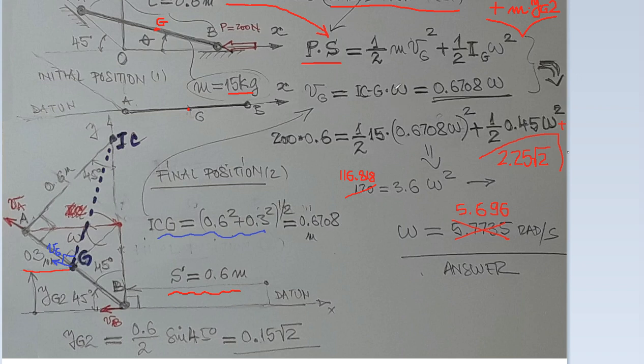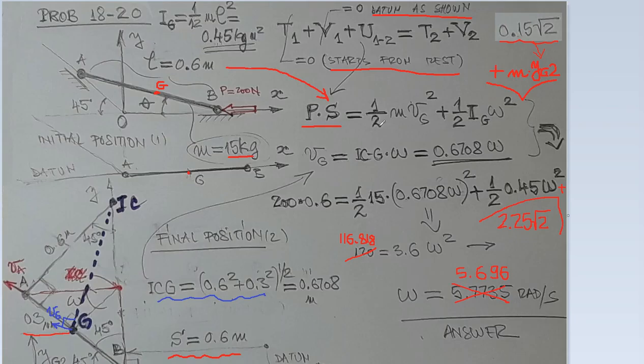Okay, so again, in the energy equation, the velocity of the center of mass is the distance from the instant center to G multiplied by omega, and I'm now having just omega as the unknown.